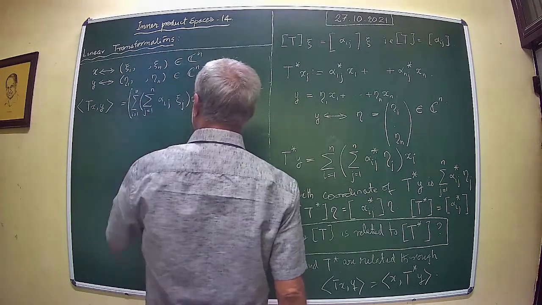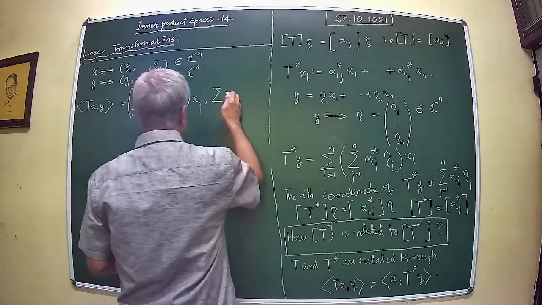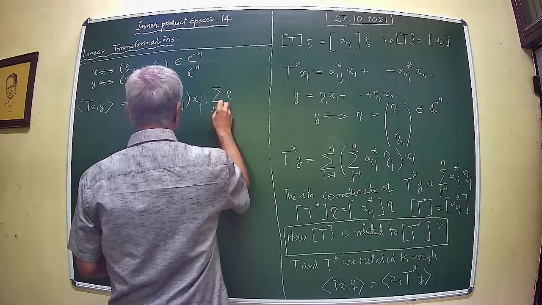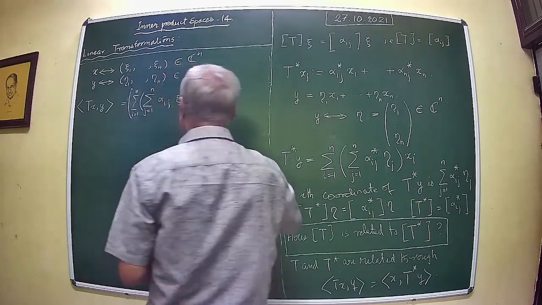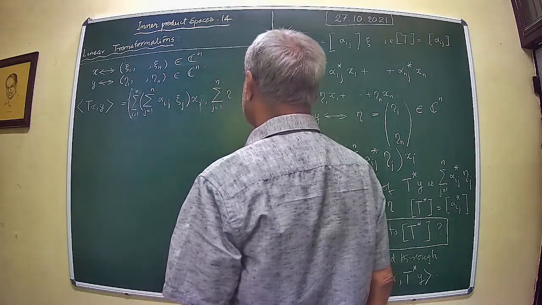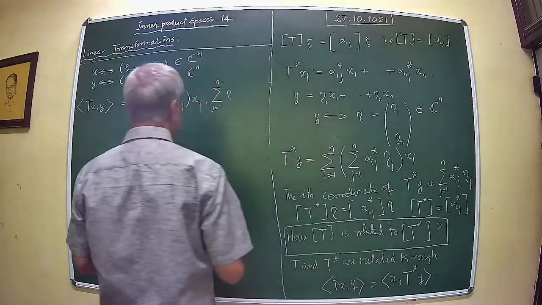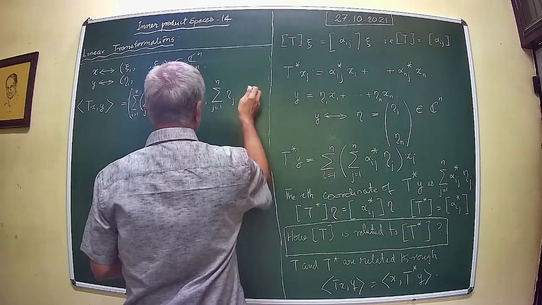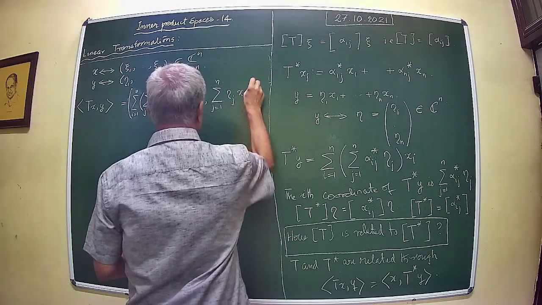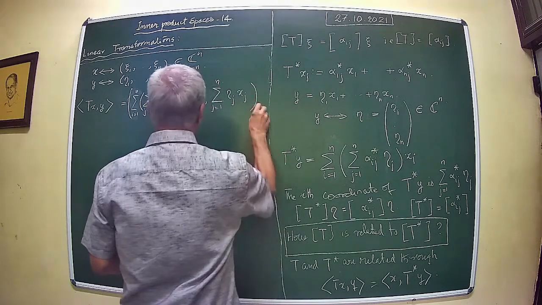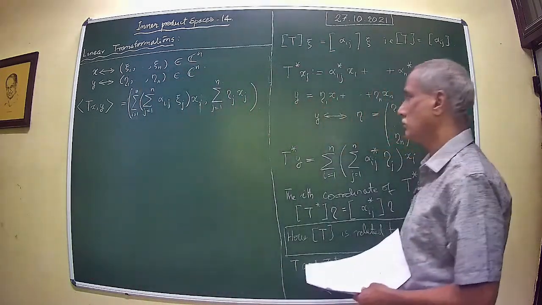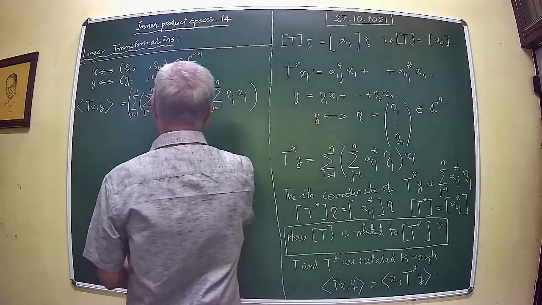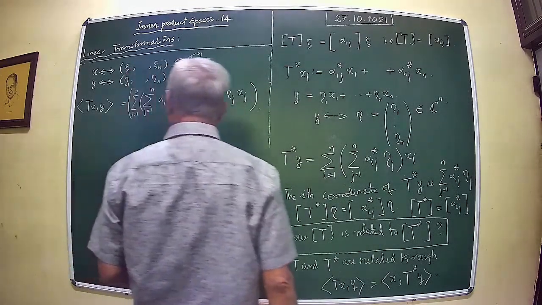This is equal to eta 1, eta 2, etc., eta n. So eta k xk or something like that to get this right.